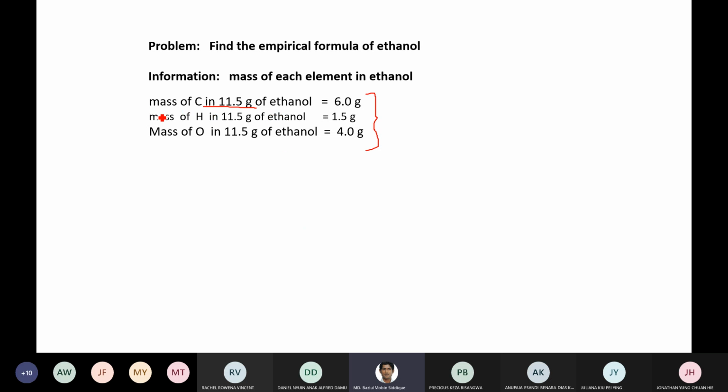How many moles of carbon? Because in a molecular formula or in a compound, the atoms are arranged by mole fraction. It is represented that they are formed in a mole fraction, and that is why we should try to find out the number of moles that they have in that compound.